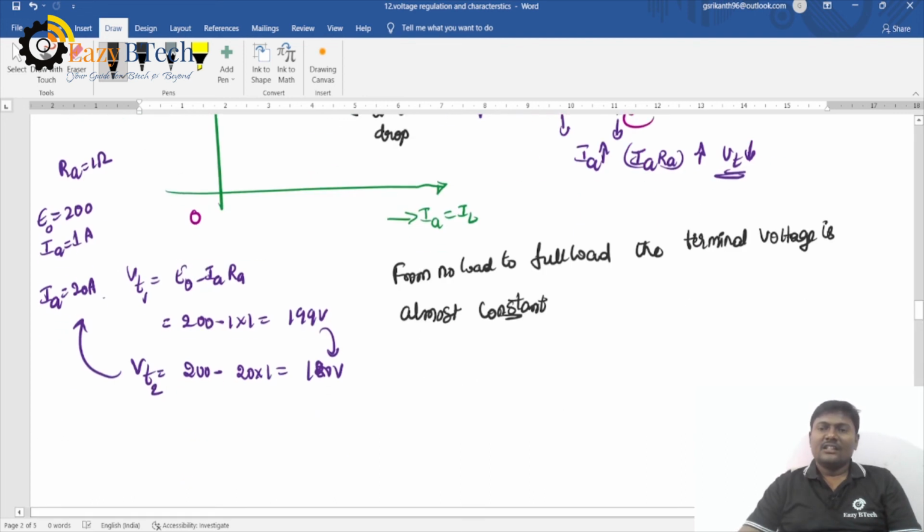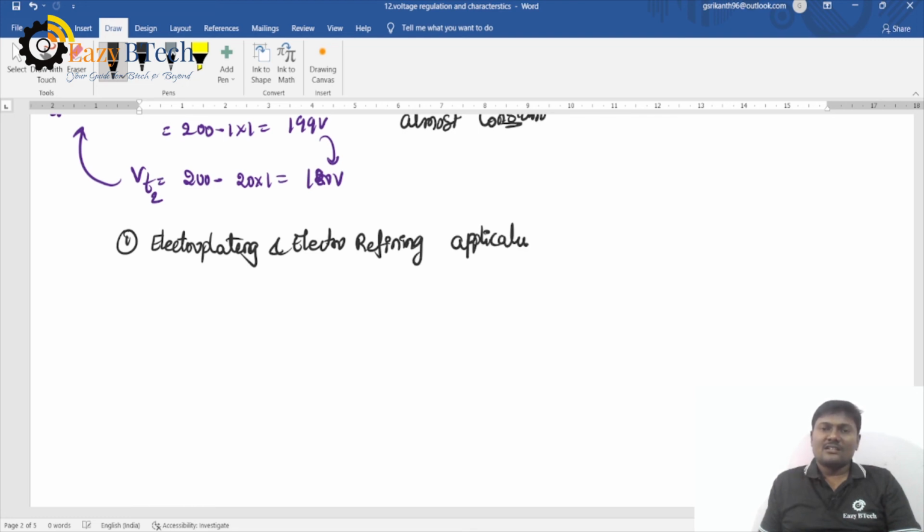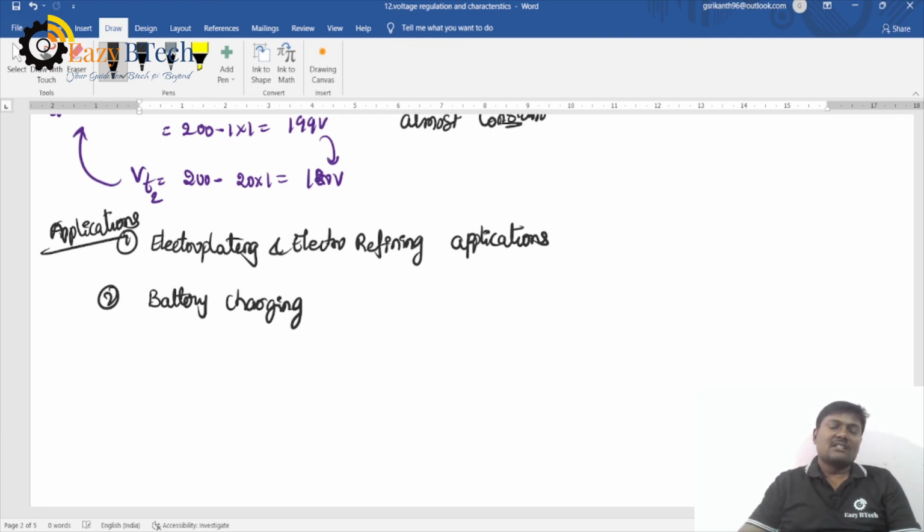That's why this is used for electroplating and electro refining applications. And the second one is battery charging also. These are the applications of the separately excited generator. So based on the characteristics, we can tell the applications.